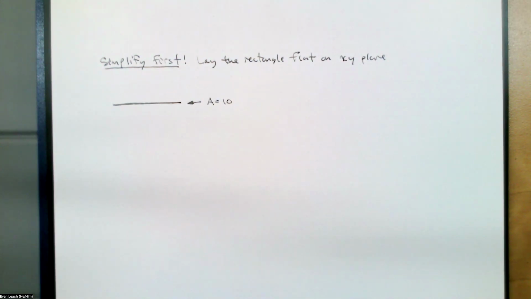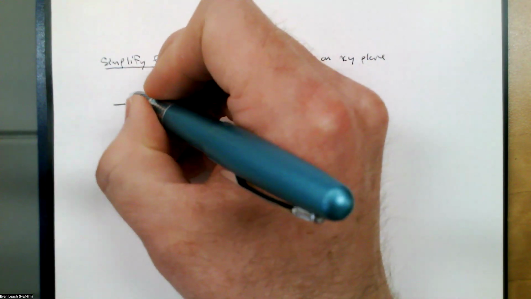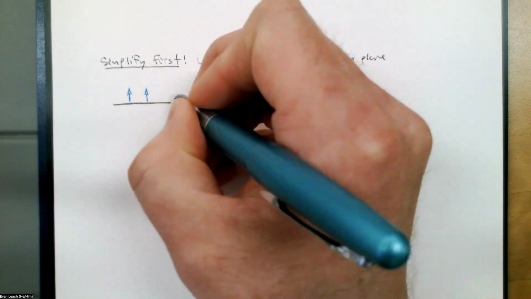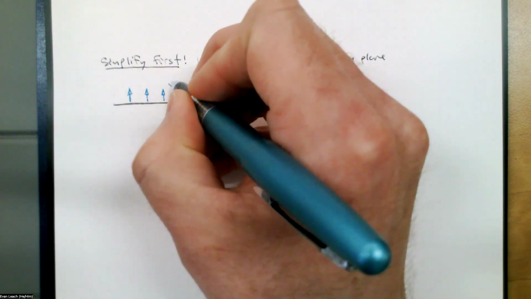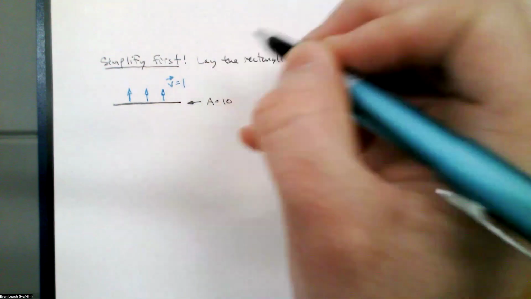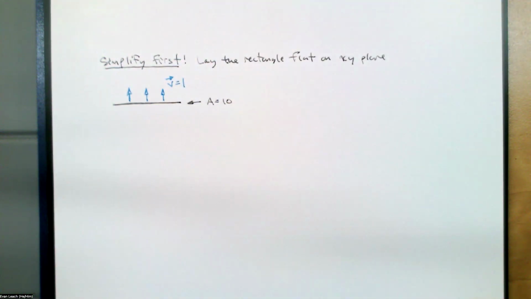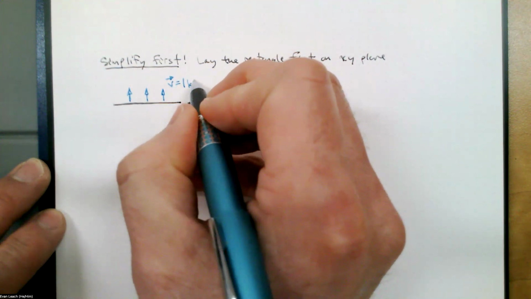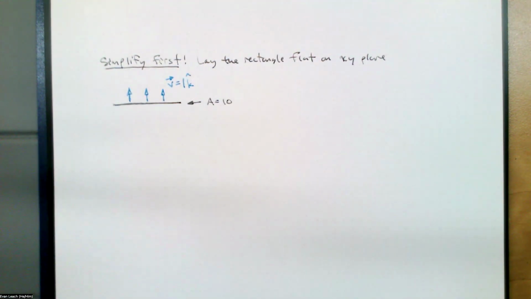There, the area is 10. And we started off with a constant velocity of 1. I really could have reused the 2 at this point, but I just went with 1. I wrote a vector, so I'll say it's 1K.